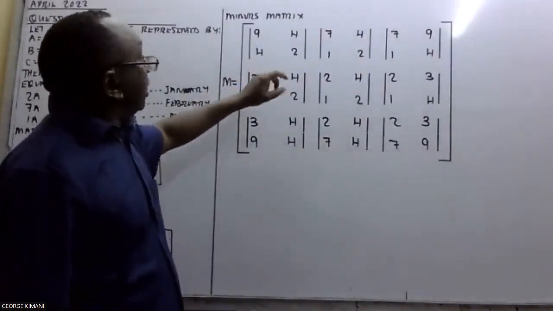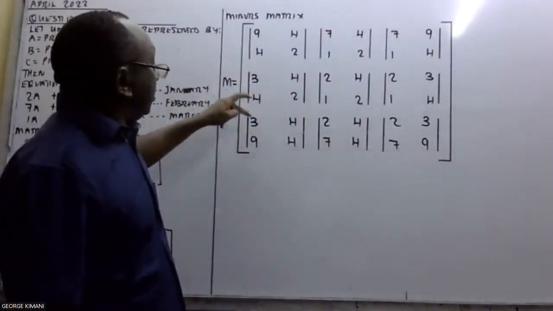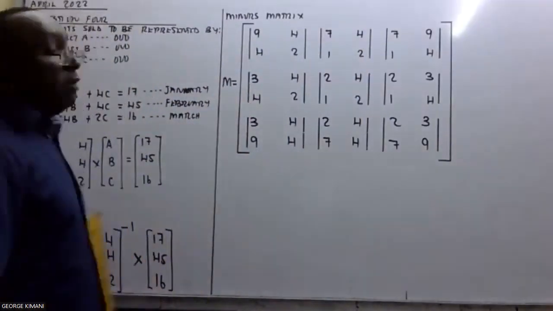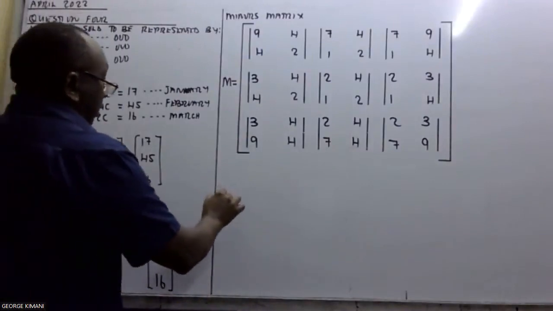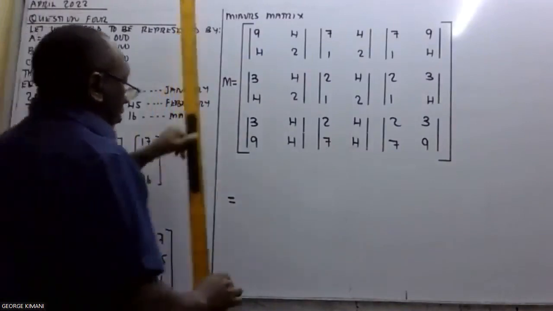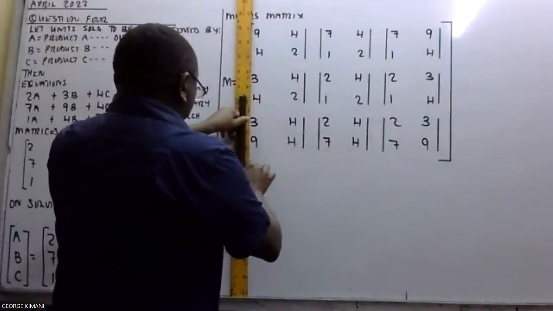Then the inner rows interchange. This one and this one. Now from there, you get the determinants.